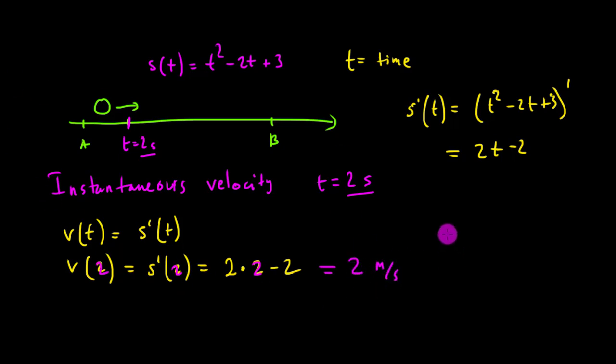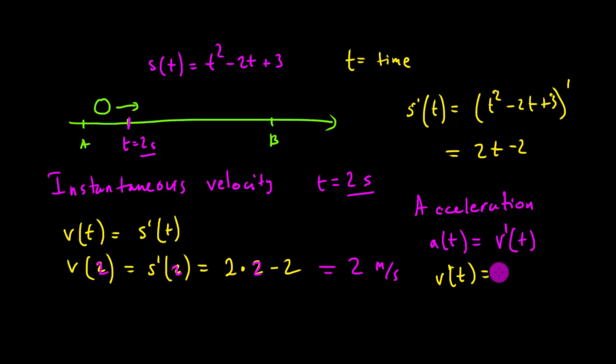Now we want to find the acceleration at time t. To find the acceleration, you have to find the derivative of the velocity. The velocity function is equal to 2t minus 2, and the derivative of this is just 2.